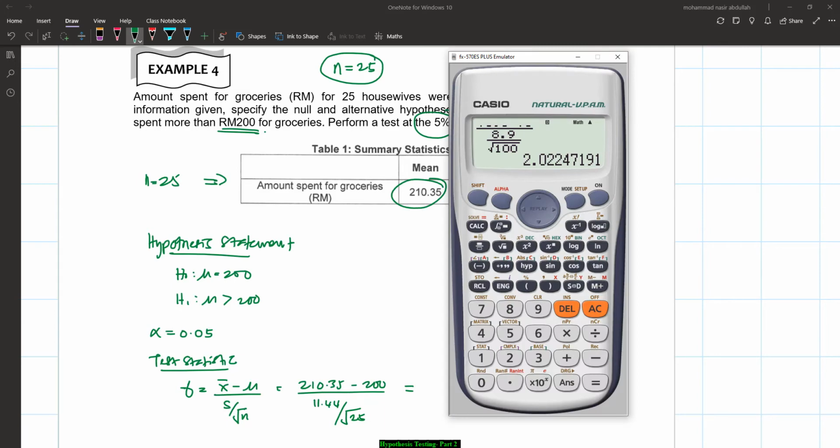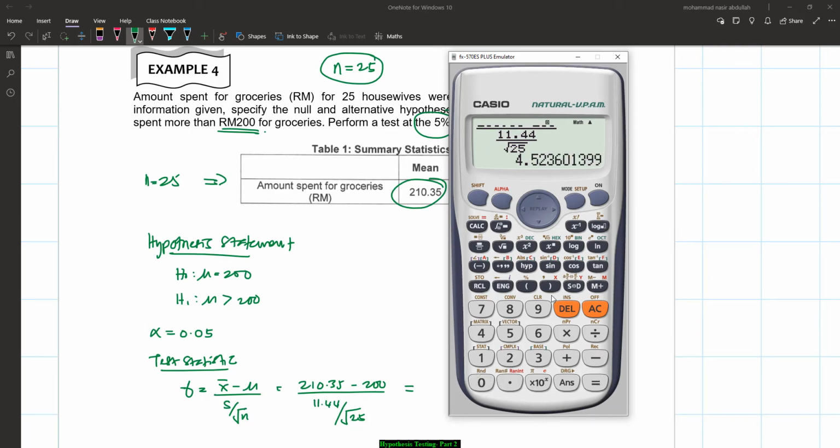So this is 25, this is 11.44, this one should be 210.35 minus 200.